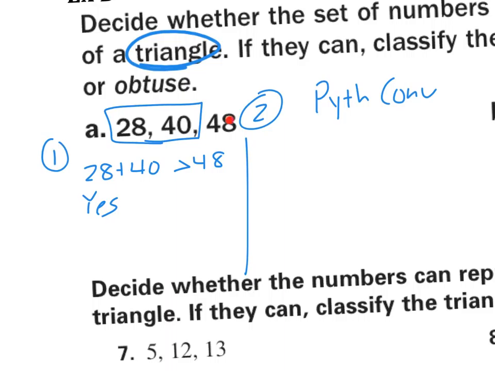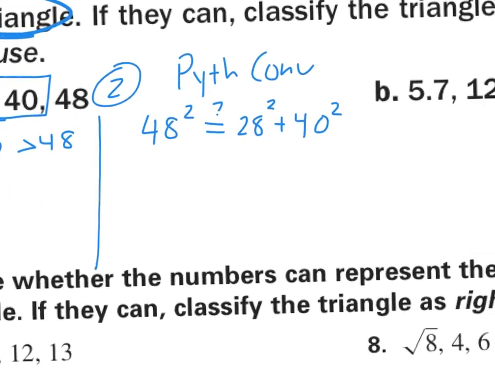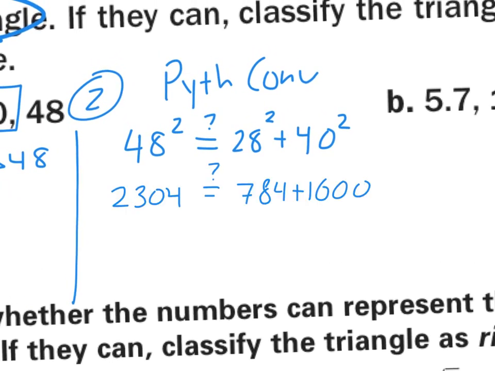So I'm going to take the 48 and make that one my C, so 48 squared. I don't know if it's equal right now to the other 2 squared. So I'll just keep that there and replace it when I get to the very end. So we substitute there and note, I'm still putting a question mark, I don't know.